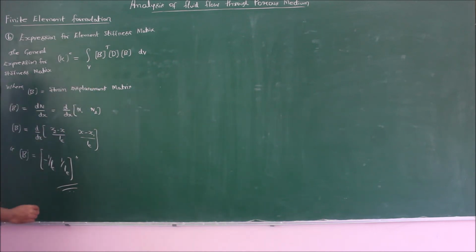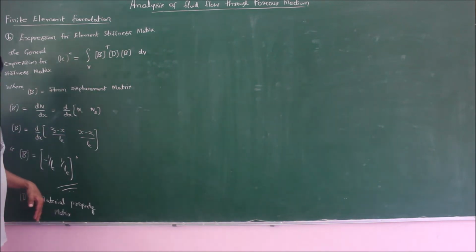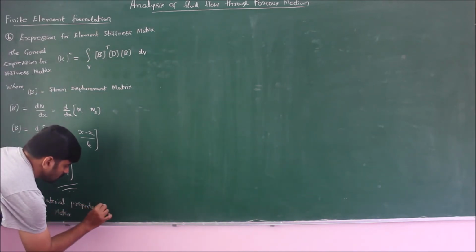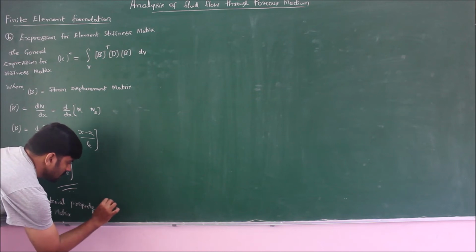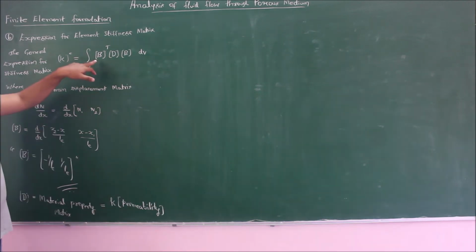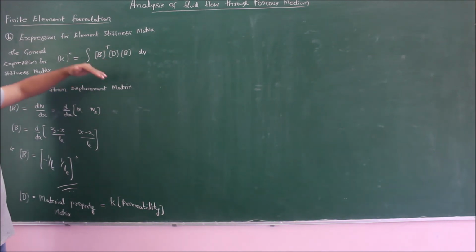Whereas the material property matrix D, since this is a one-dimensional analysis, the material property matrix for fluid flow problems is equal to K, which is nothing but permeability. We know the B matrix, also the D matrix.